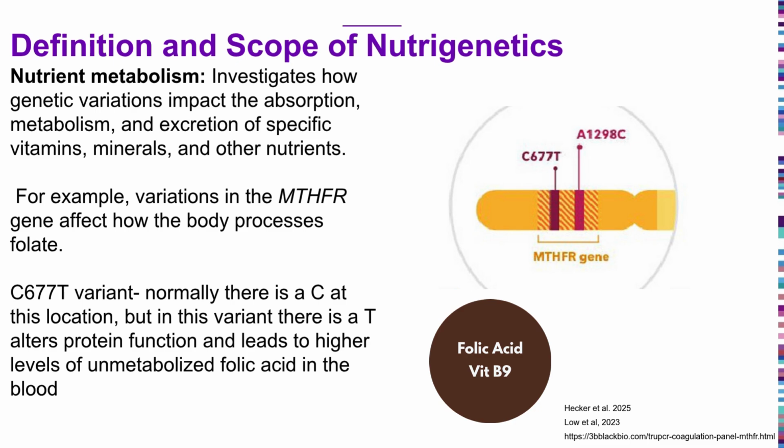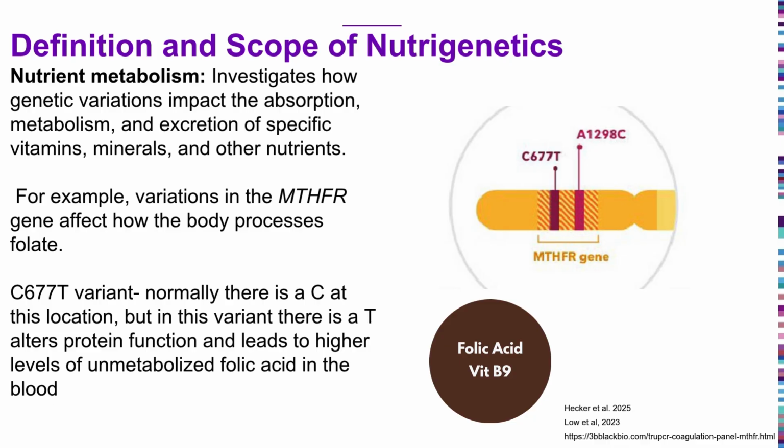The altered function results in higher levels of unmetabolized folic acid in the blood. More people in the United States have one or two copies of the MTHFR C677T variant than don't have it. Additionally, the MTHFR C677T variant is more common in some races and ethnicities than in others.